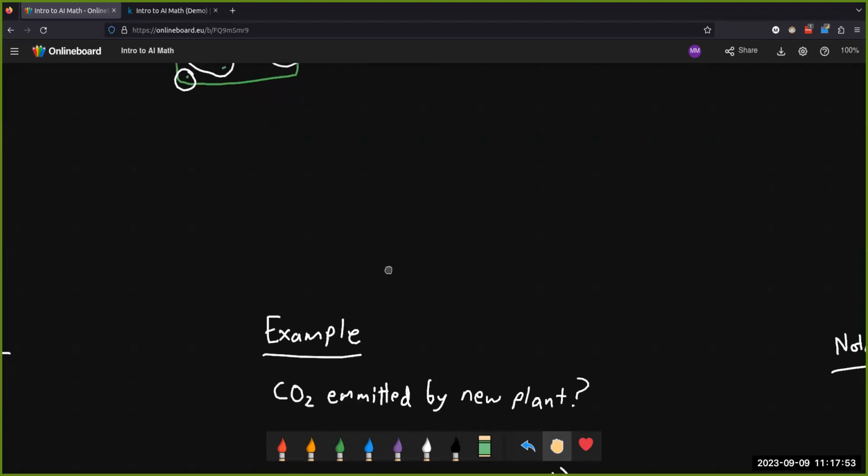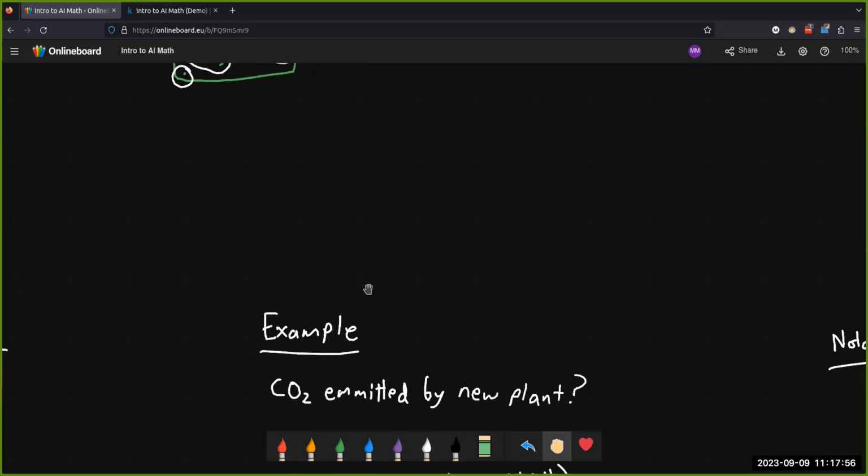They want to figure out, we want to build a new natural gas plant, and we have some offer on the table. But we need to make sure that the natural gas plant that we're considering doesn't emit too much CO2, so that it meets the regulations we need to meet.